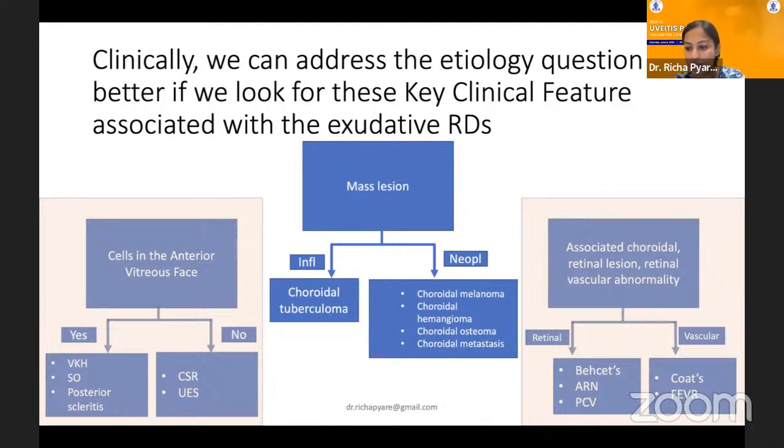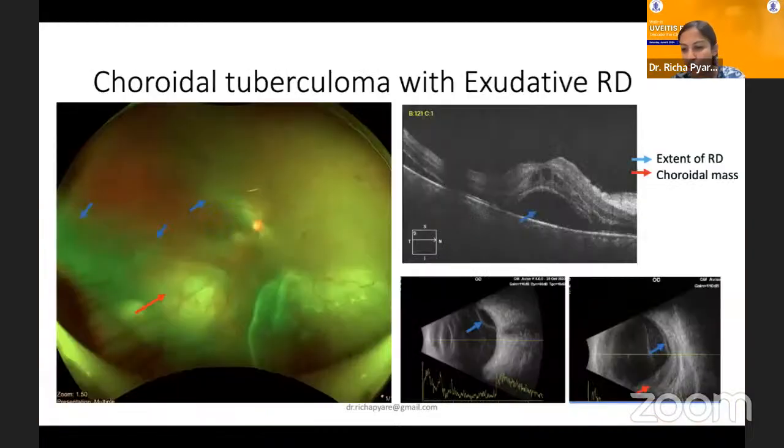The first key clinical finding to look out for is the presence of any mass lesion. Mass lesions associated with exudative retinal detachment may be infective, such as in choroidal tuberculomas, or can be neoplastic, such as in melanomas, metastasis, or hemangiomas. So this is the case of a 28-year-old who presented with blurring and pain in the right eye. This is the fundus picture. The color of the lesion was yellow-orangish, which is not so obvious in this pseudocolor image.